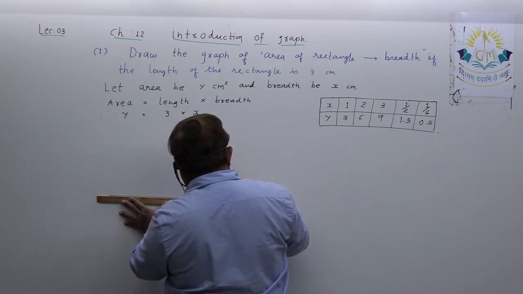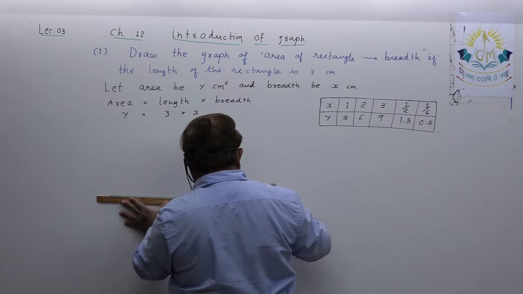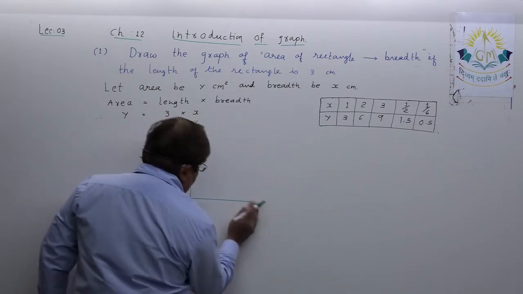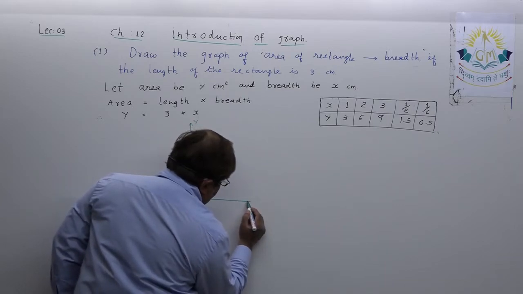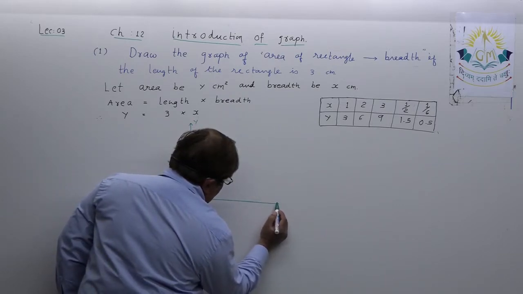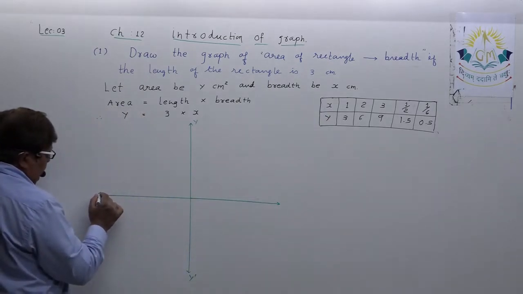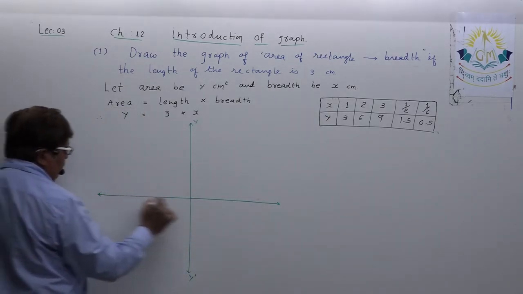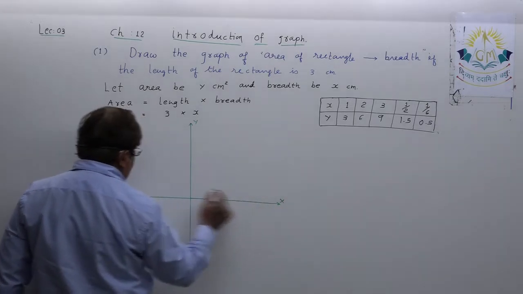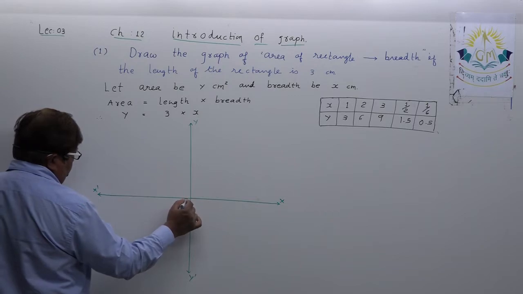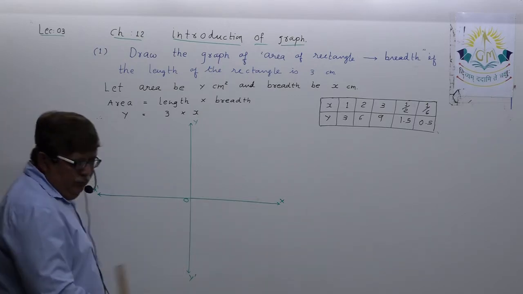You already have the graph paper and you will feel much comfort in designing all this. You will not face much difficulty in designing all these things. X dash. Here is the origin, as you all know.